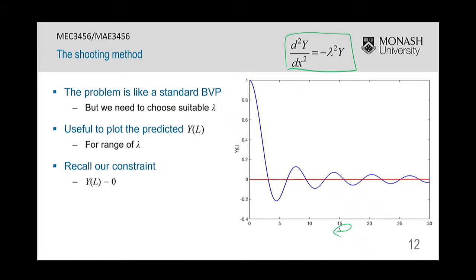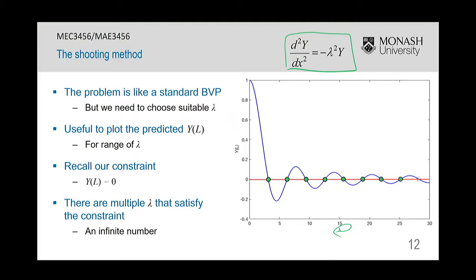That's represented by that red line there. Therefore, where the blue curve hits the red line, those are our eigenvalues. And, as we can see, there are multiple values of lambda that satisfy the constraint. And in actual fact, for most eigenvalue problems, there are an infinite number of eigenvalues.